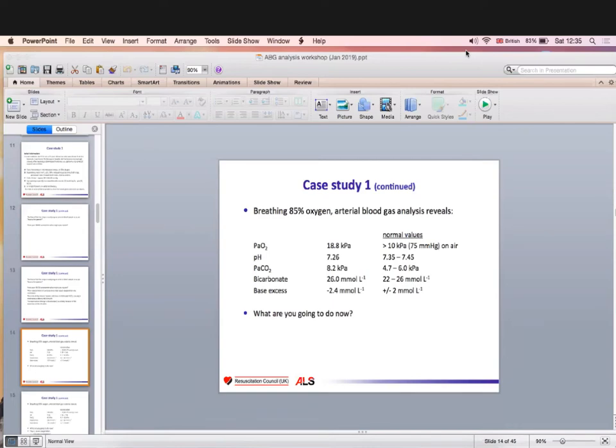Although the expected value is 500 odd, the patient has only 18 kPa, or 150 mmHg. So the oxygenation is not that good. The answer is that the patient has poor oxygenation and an acute, uncompensated respiratory acidosis.